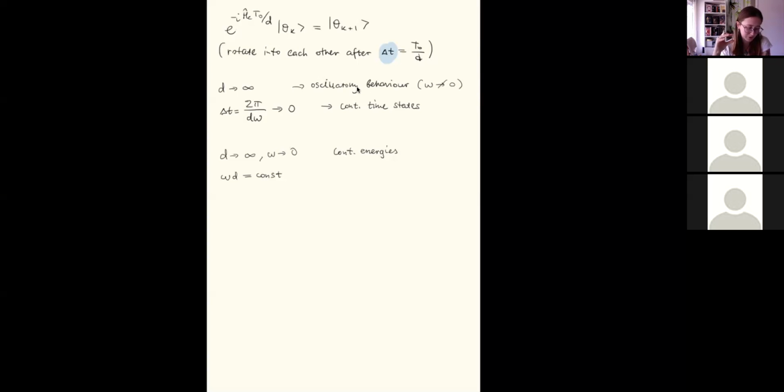So we will not have discrete levels anymore. But because omega d is constant, this means that delta t, the time spacing between two time states, is going to be some constant. So it's not going to go to 0, which means that we will get discrete time states.